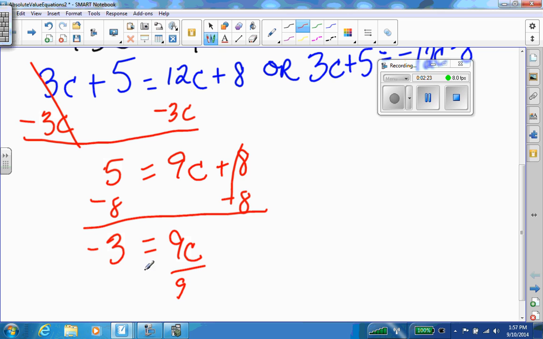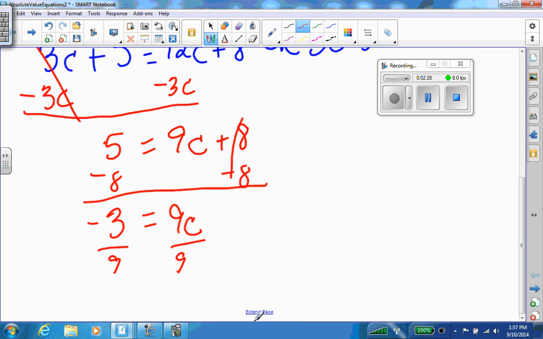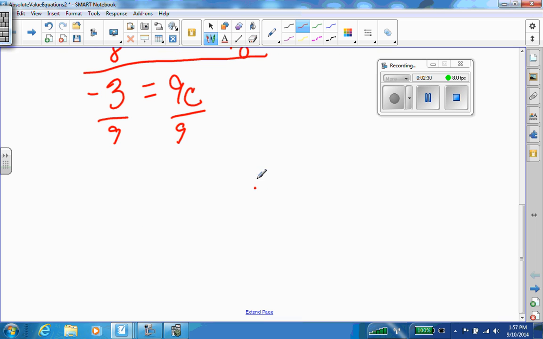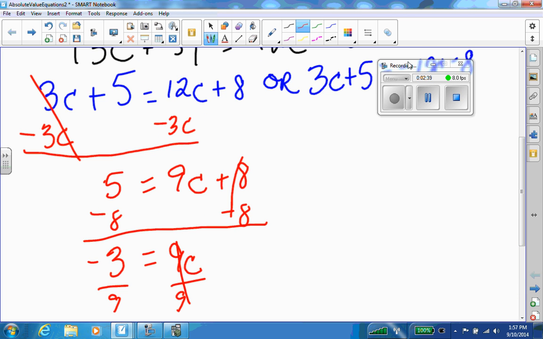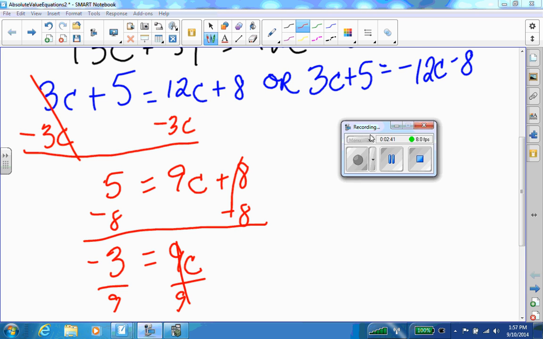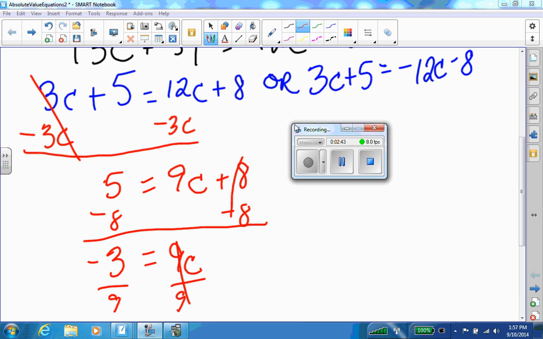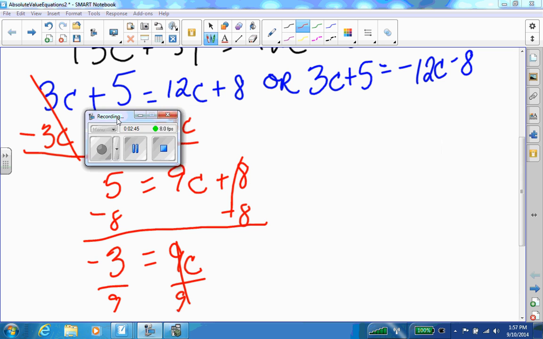To finish, dividing by 9, and we've got a lovely fraction to reduce here: negative 1/3. That is one possible solution. We know that all of our solutions are just possible solutions at this point. We have to check them to know for sure.